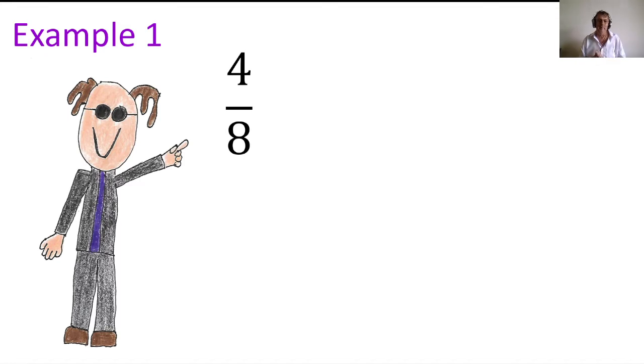Okay, so example 1. We've got 4 eighths. 4 over 8 is 4 eighths. We need to prime factor 4 and 8. So the prime factors of 4 we know are 2 times 2. And the prime factors of 8?